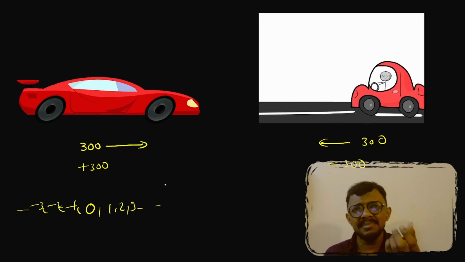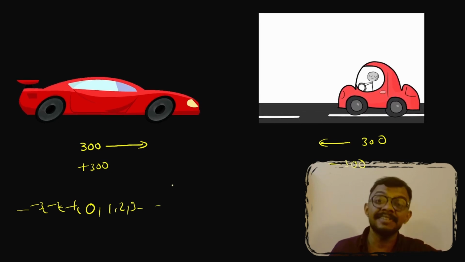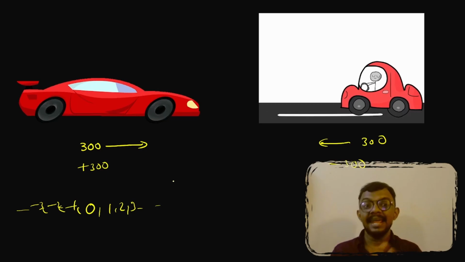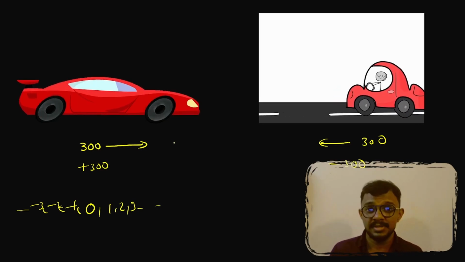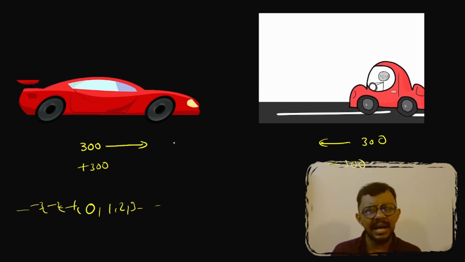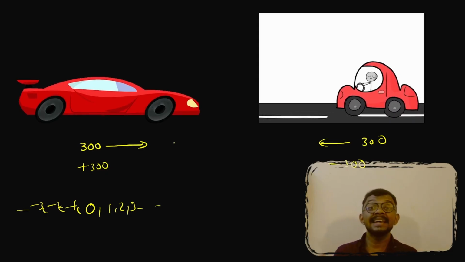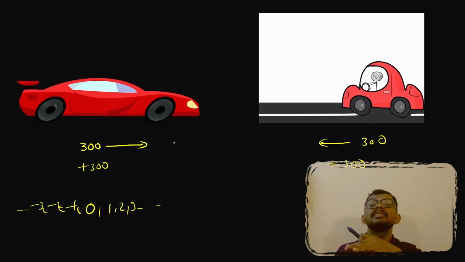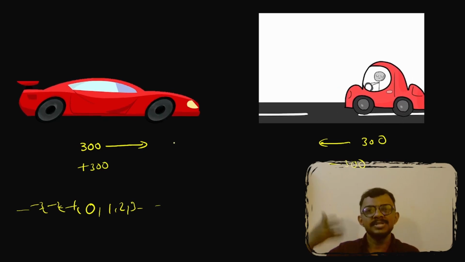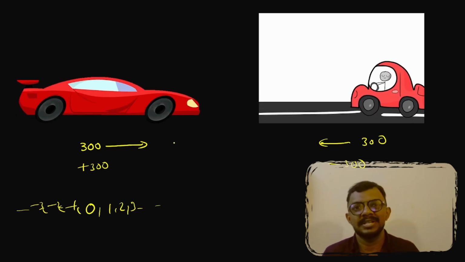Two, sometimes we define something as 0 and later we find that there are numbers even below it. Three, in order to represent direction, we use negative numbers. When it comes to direction, there are other examples also. For example, the height level of sea level we consider as 0, and below sea level we consider as negative, above sea level as positive. Because if you do that, it will help in calculation.